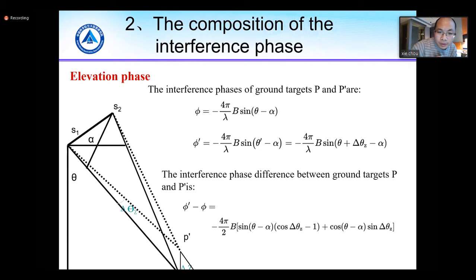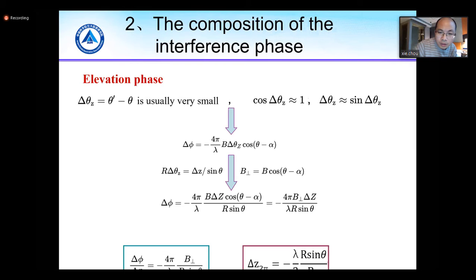And the interferometric phase difference between the ground target P and reference point P can be represented as this one.